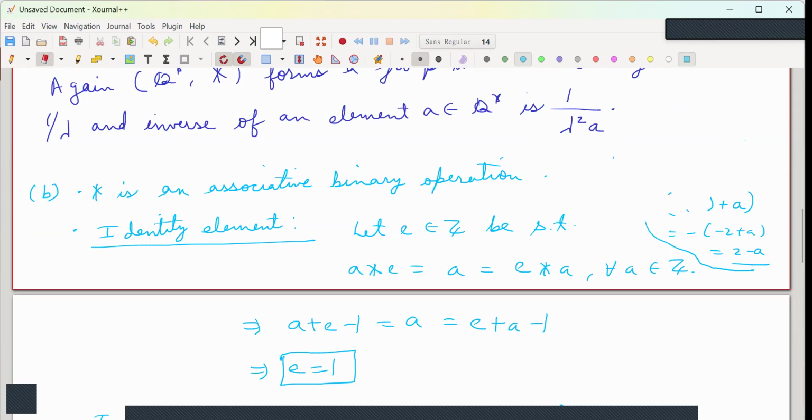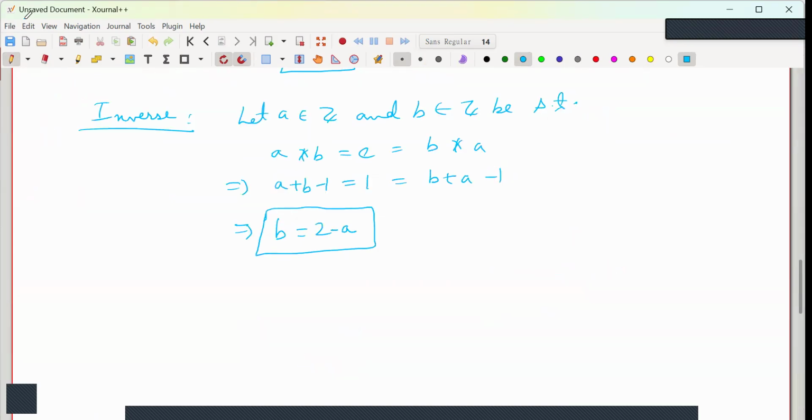So if we are dealing with some problem with a group, then similar analogous statements would be true for other groups as well. Okay, so I did this just to make a correlation between the two examples. So again, this forms a group. Z with star forms a group.